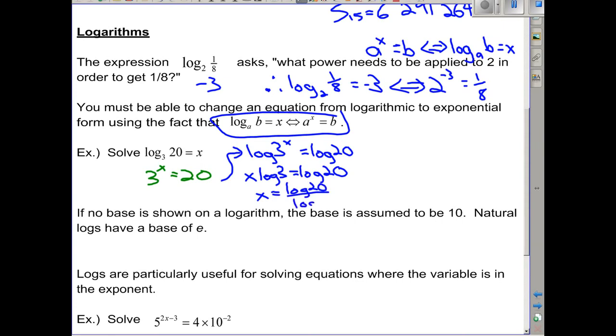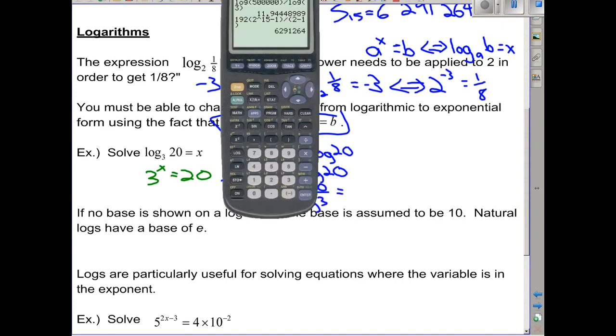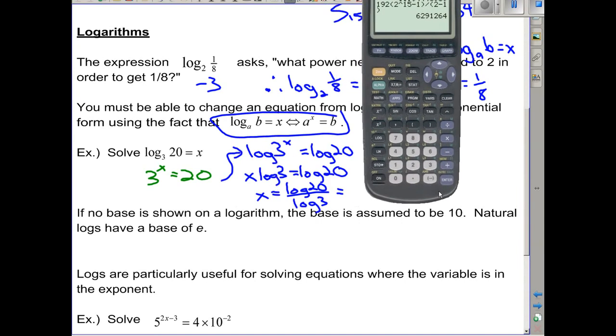We're just following the golden rule of equations here. Whatever you do to one side, you can also do to the other. So log of 20 divided by log of 3 can give us 2.73 to 3 sig figs.